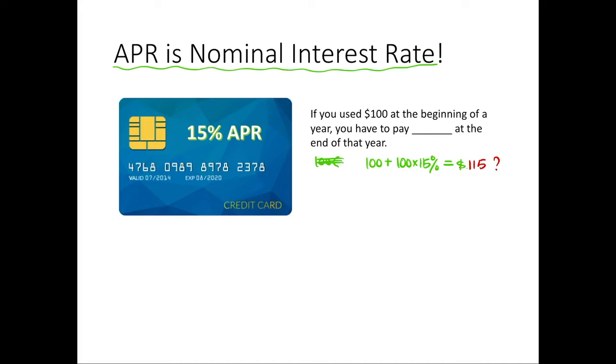You have two options. One option is you use the interest rate per compounding period. The other option is you use the IE, the effective annual interest rate.